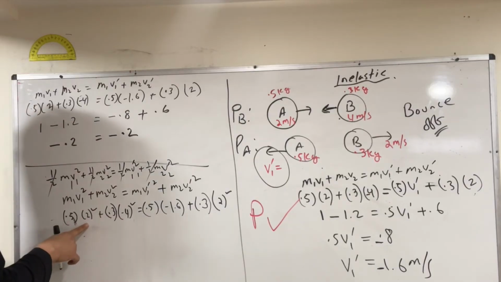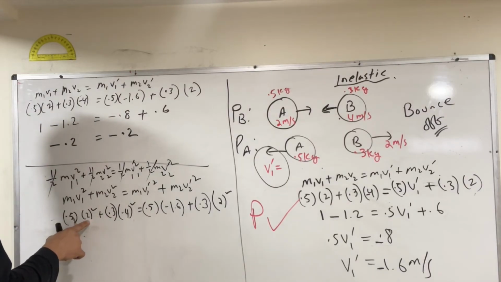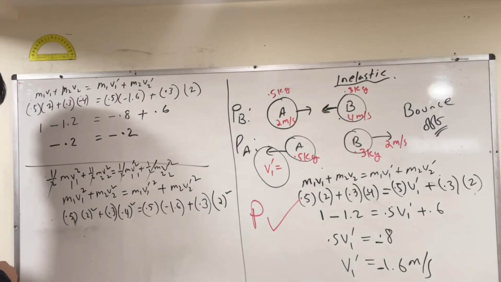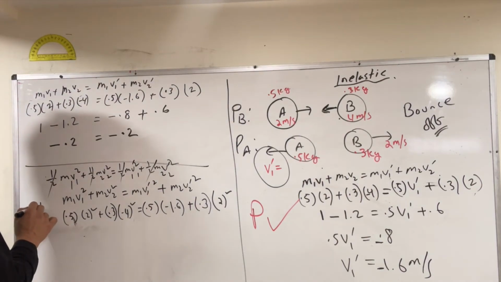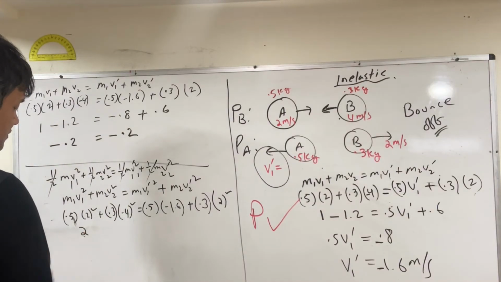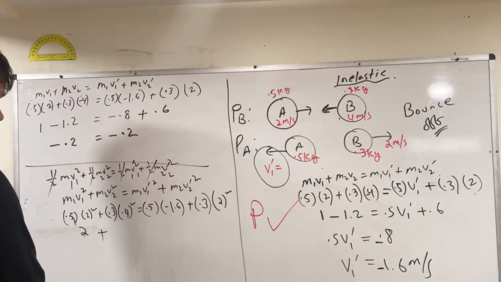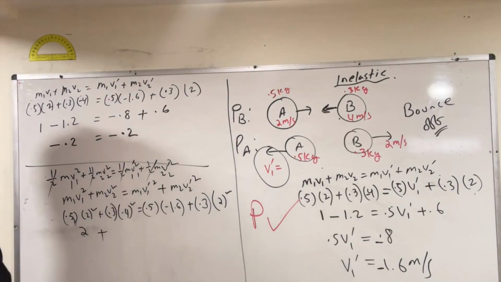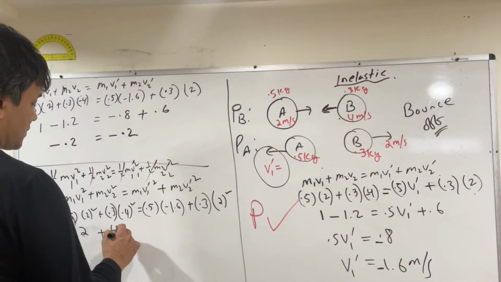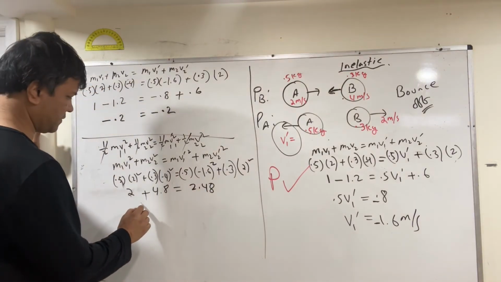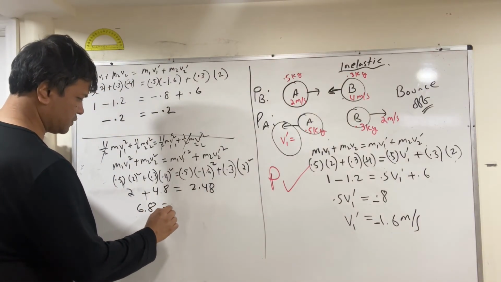So 4 times 0.5 is 2, and this is 16 times 0.3, 4.8, so it's 6.8 and 2.48.